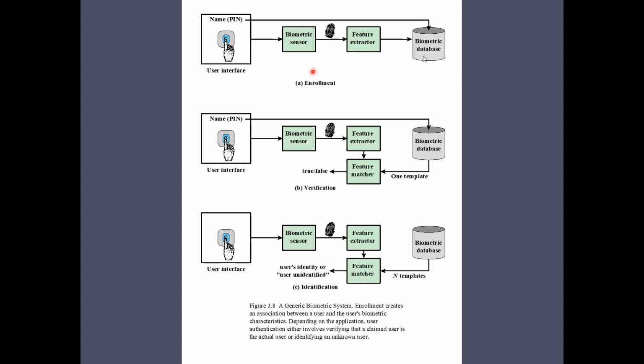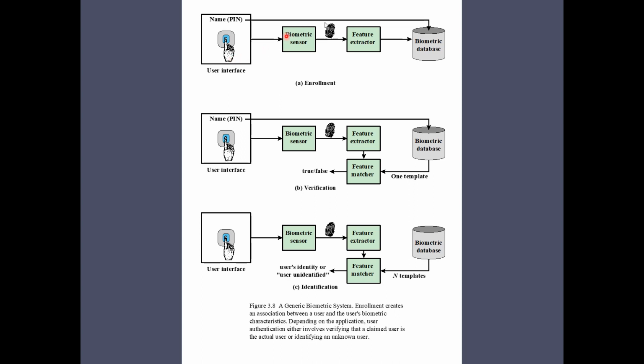So at the beginning, the user will need to enroll his biometrics on the database. There will be an identity check at the beginning, either the person has to come in person or any other features.